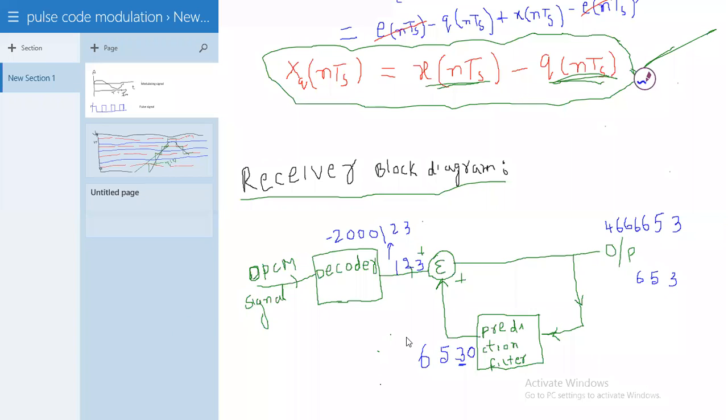The next sample value is 0. Then 0 plus 6 is again 6. The same 6 is stored in the prediction filter until Ts. The next one is a 0. Again the output is 6. Whatever the sample values of the original signal were, they are reproduced in the same way.